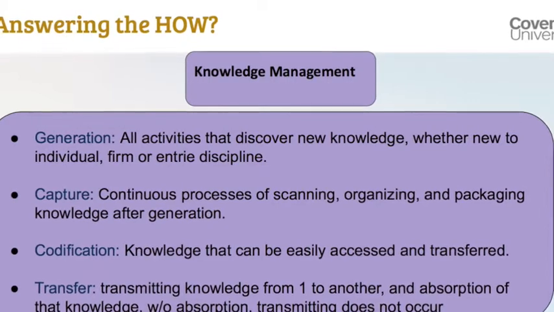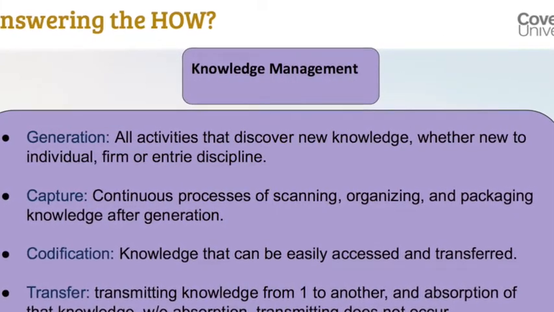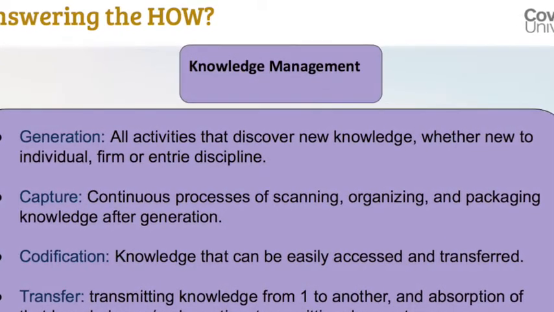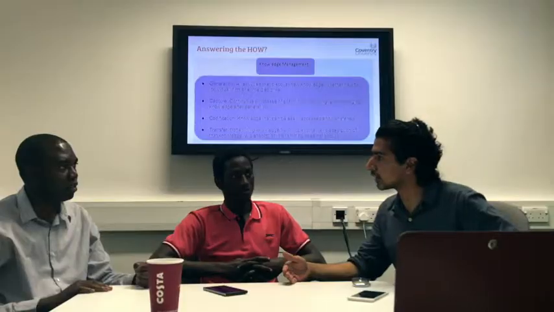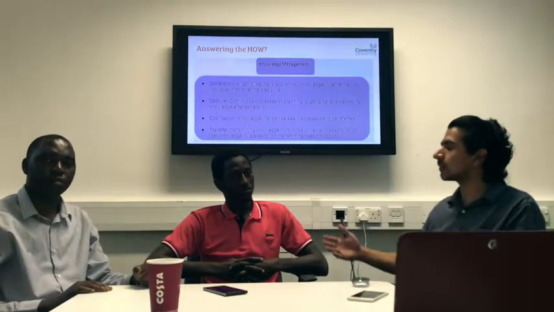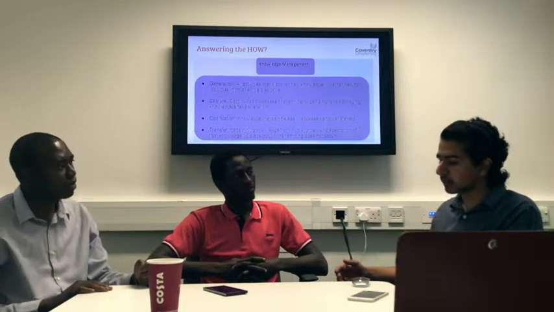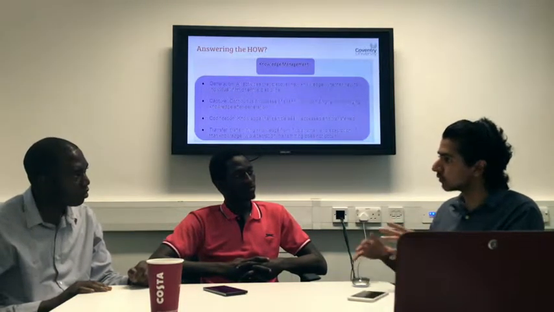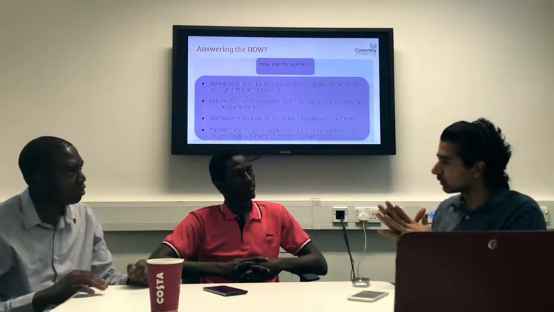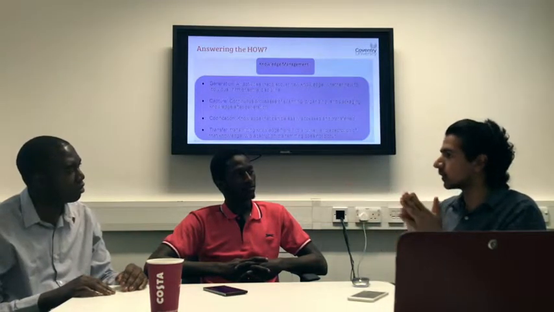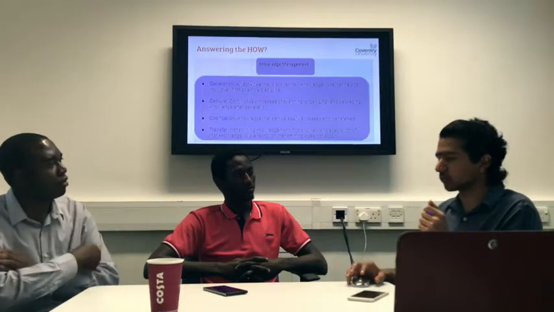So you use applications and tools to capture the data, you record the data, then codify it. So you make it understandable to the users of that knowledge. And lastly, you transmit it to them. So you use certain tools and applications so the data can actually be transferred to the users.